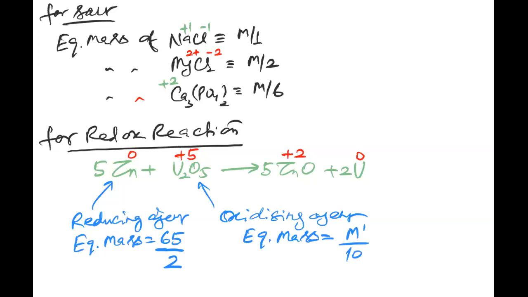As far as V2O5 is concerned, overall the vanadium change is found to be 10 here, 5 into 2, and so M dash divided by 10.